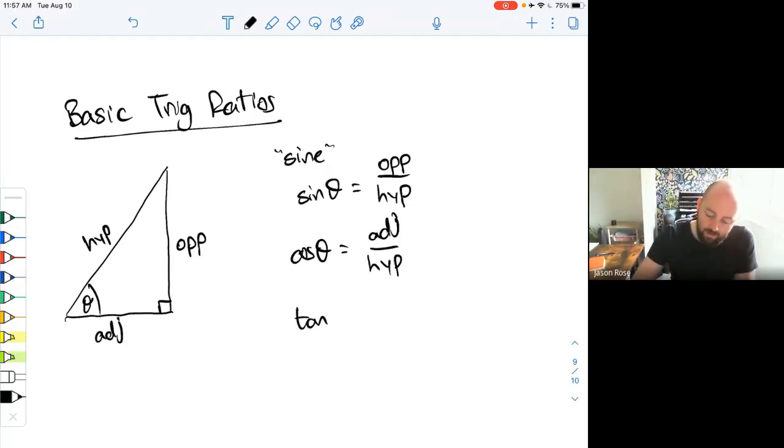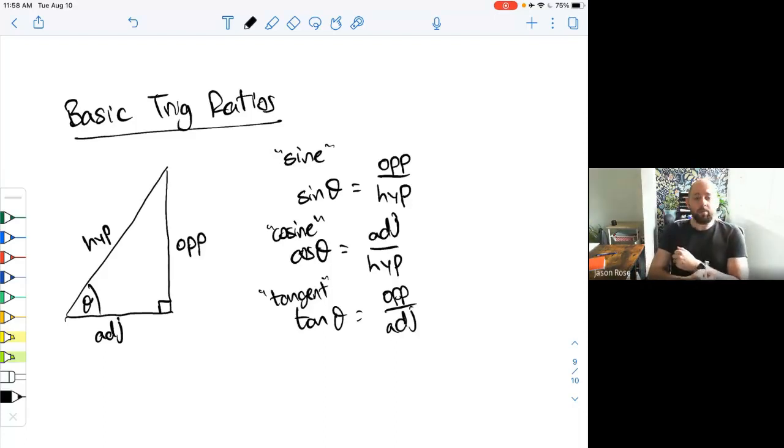And tan theta, and I'm just writing the full word above them here so that you have it as well. Tan theta is the opposite over the adjacent. Okay, those are our first definition of sine, cosine, and tangent, and we're going to extend that definition later.